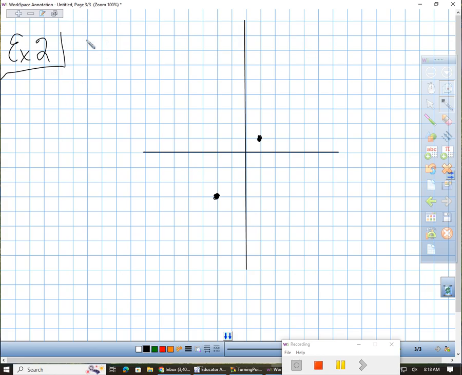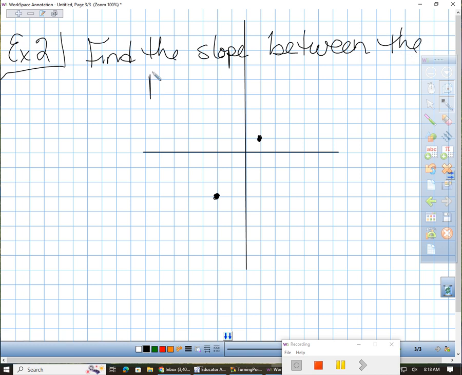So I want you to find the slope between the points. When we do this, you always start at the left point.